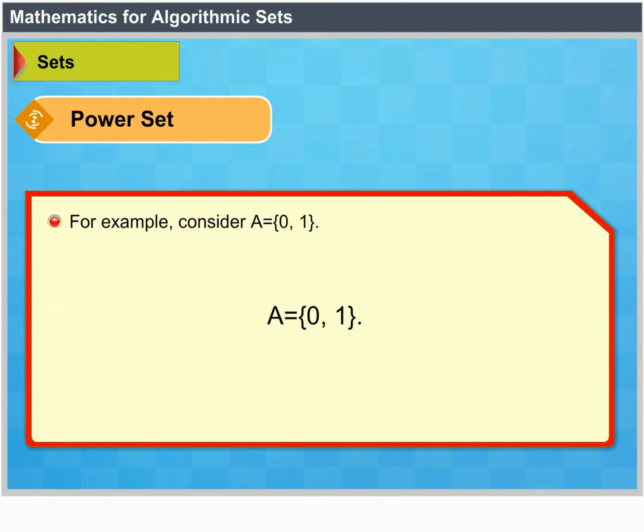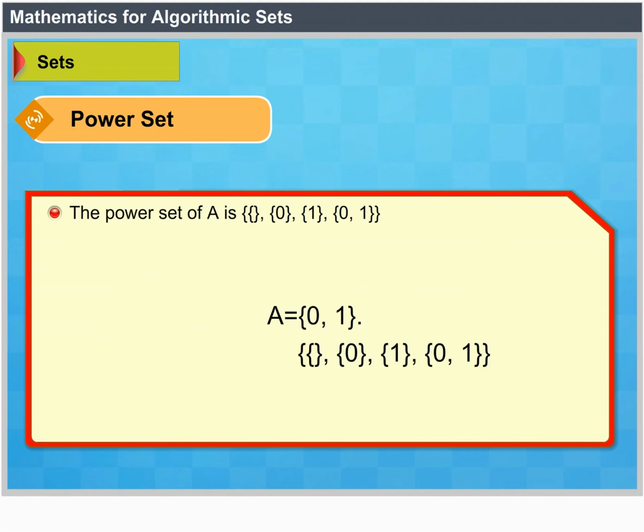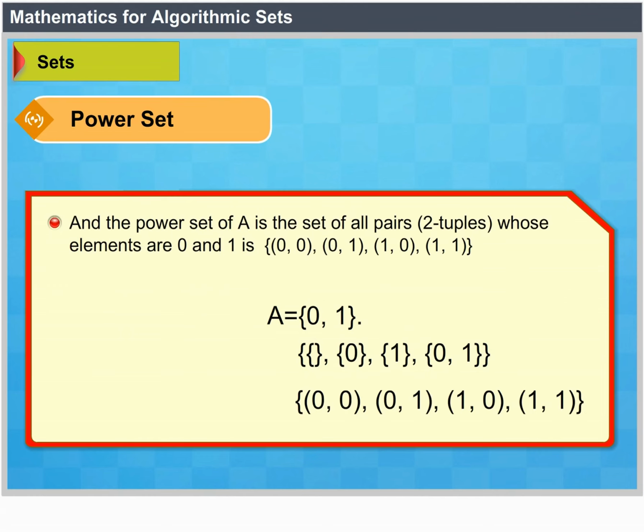The power set of A has the subsets empty set, {0}, {1}, {0, 1}. And the power set of A is the set of all pairs, two tuples are called pairs, whose elements are 0 and 1, which has the subsets (0, 0), (0, 1), (1, 0) and (1, 1).